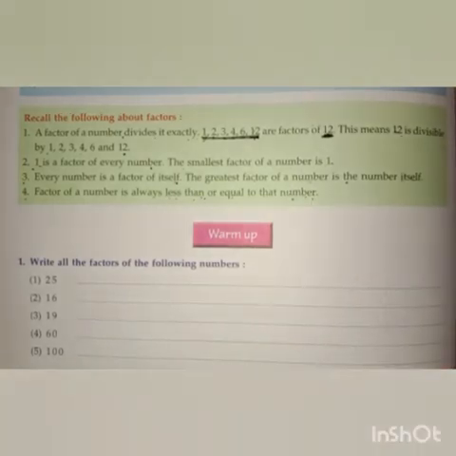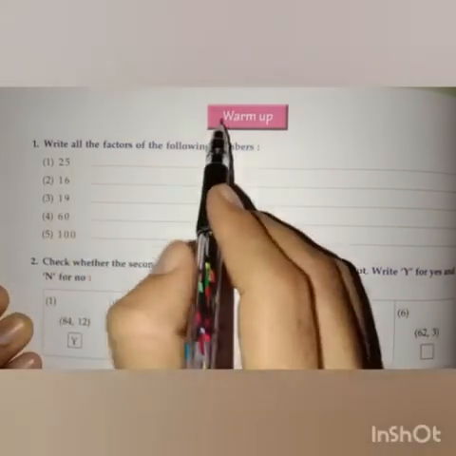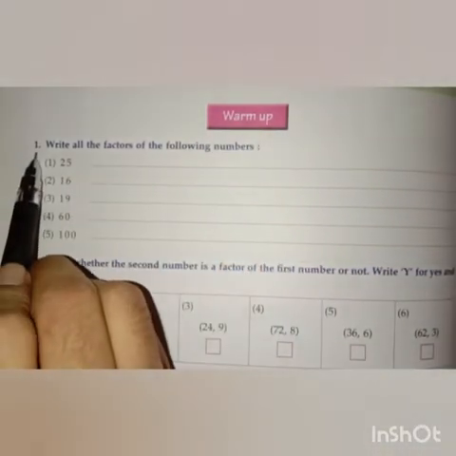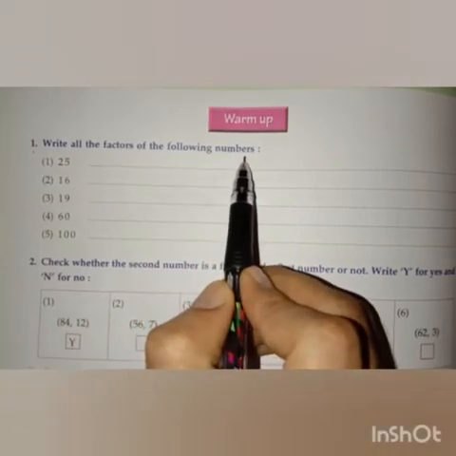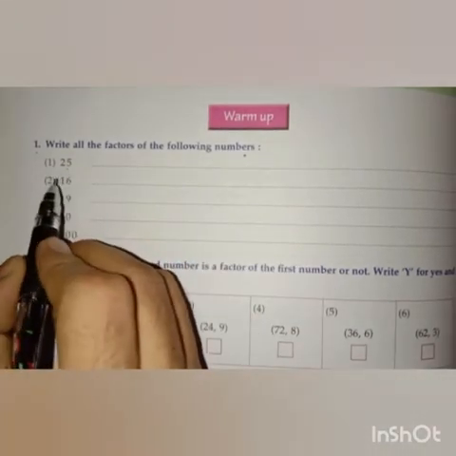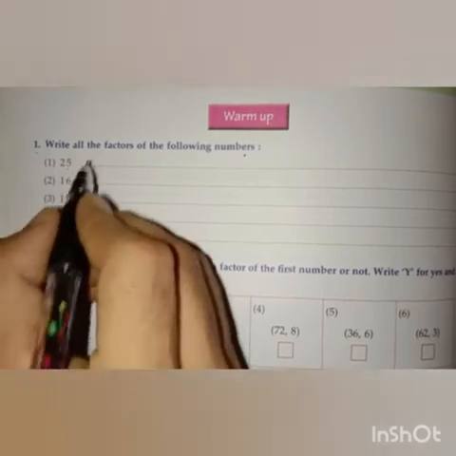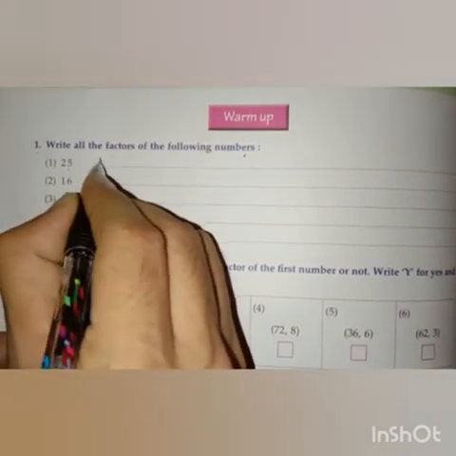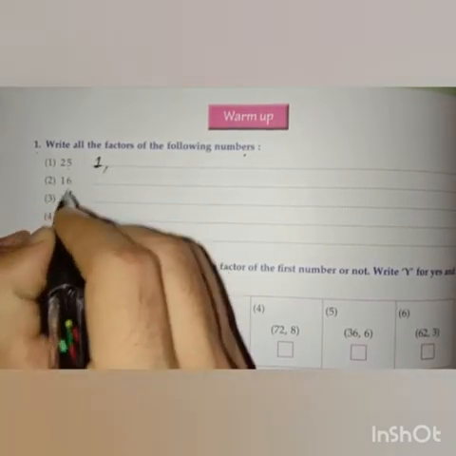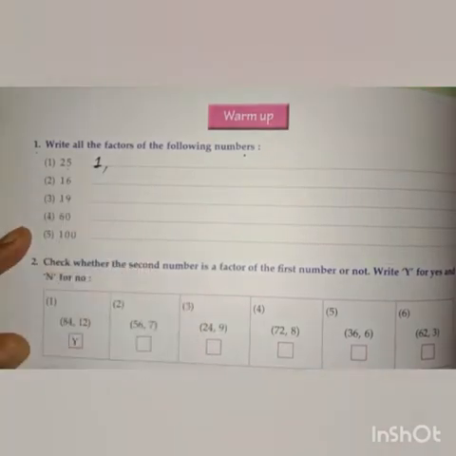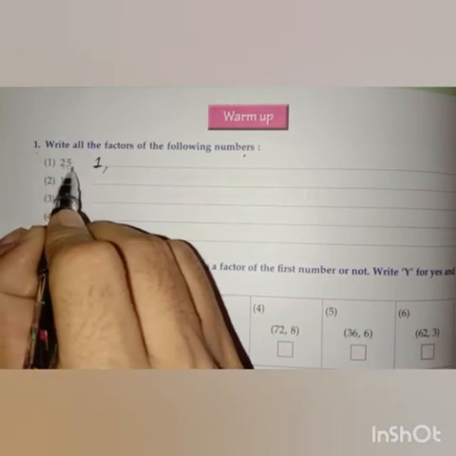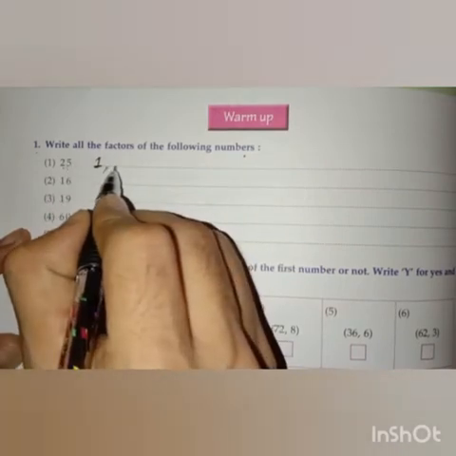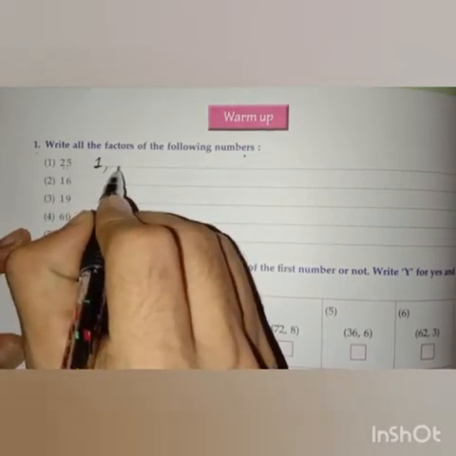Now let us solve warm-up exercises. Question number 1, write all the factors of the following numbers. Question 1, 25. So 25 is divisible by 1, right? 1 is a factor of all numbers. From 2 it is not divisible, from 3 not divisible, from 4 not divisible.